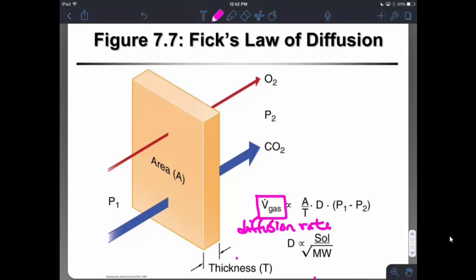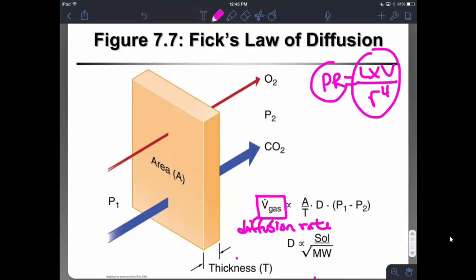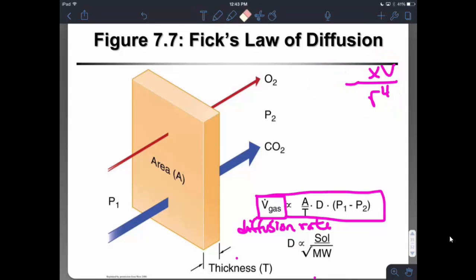Like the factors that affect peripheral resistance, remember peripheral resistance is length times viscosity over radius to the fourth. This formula is similar, and it describes the factors that affect the rate that gases diffuse, and it actually makes a lot of sense.